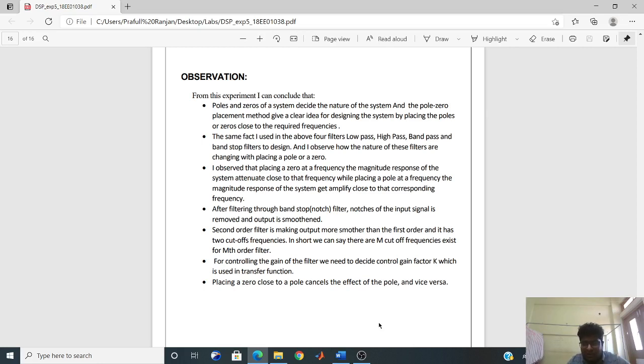And we observed also that for the corresponding frequency, like for low pass filter, it is amplifying for low frequency. For high pass filter, it is amplifying for frequencies more than the cutoff frequency. For band pass filter, there will be two frequencies FC1 and FC2, and for those values it will amplify.